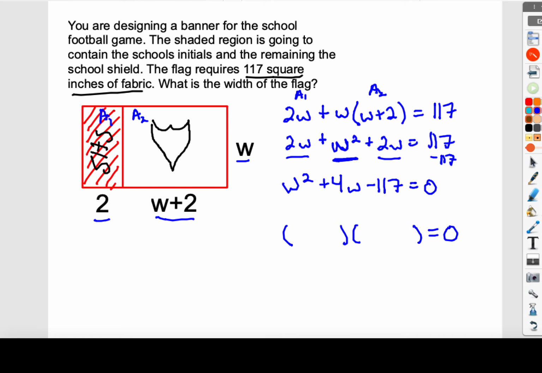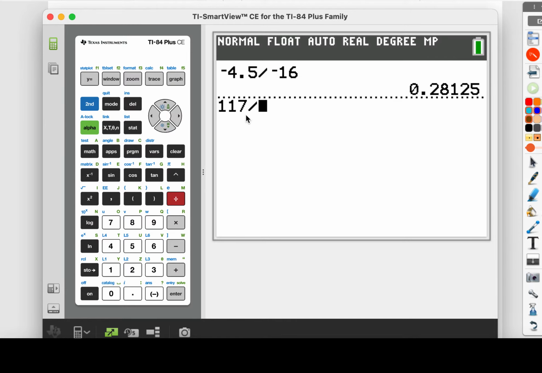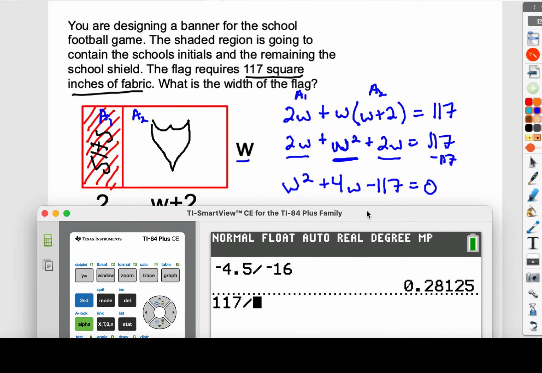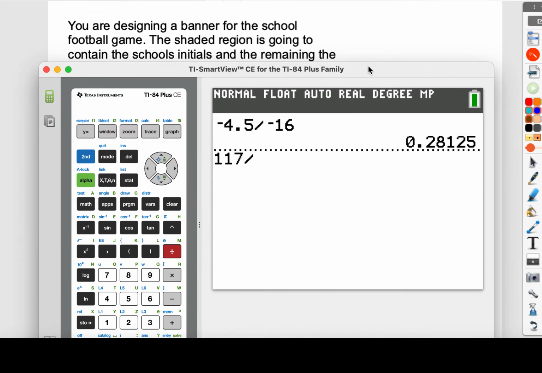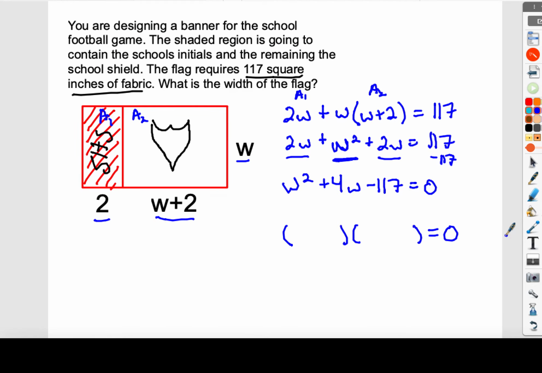Let's get our calculator out and play around with that a little bit. What's going to multiply to 117? The easiest way to figure that out is to divide 117 by some numbers. Obviously, we can divide by 1, but if it's going to add to 4, our two numbers are going to have to be a little closer together than that. Because I already know that in order to multiply to a negative, I'm going to need a negative and a positive, which means when I add them together, it's just like subtracting.